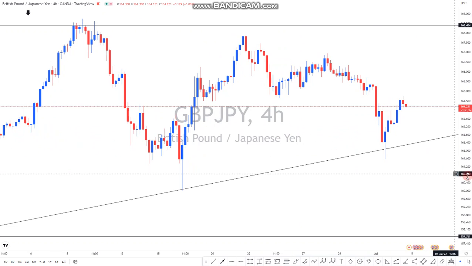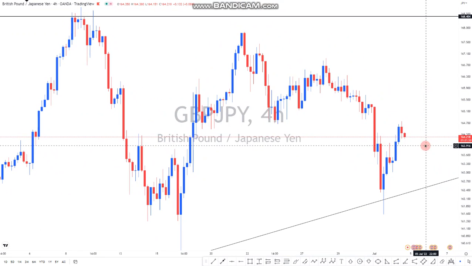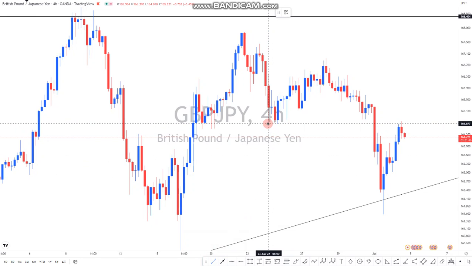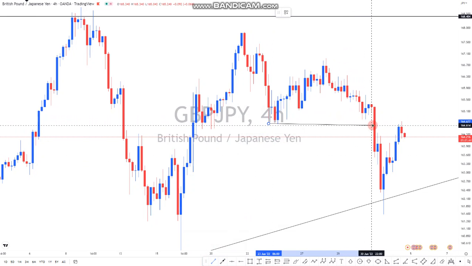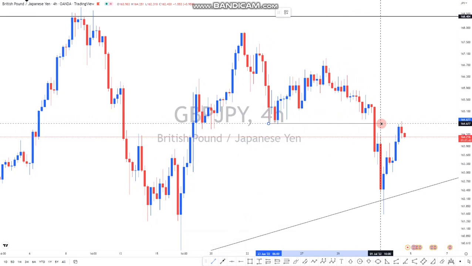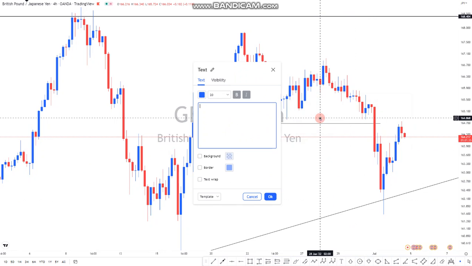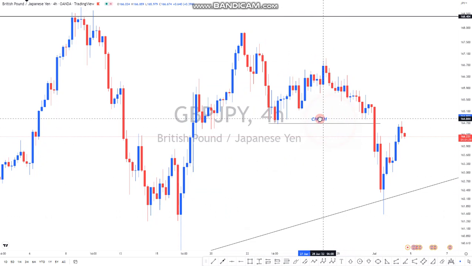Tunaona hapa market imechange character kutoka uptrend kuja kwenye downtrend hapa, change of character. Hii ndo CHoCH. So nimeanza kutumia ICT strategy hapa, mixing. Hii ndo what we call CHoCH, change of character, as you can see.